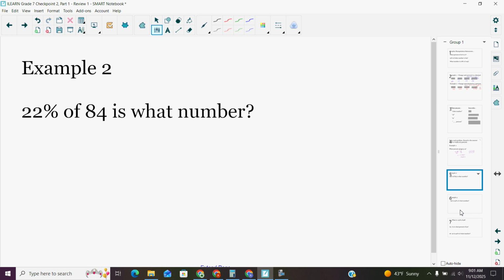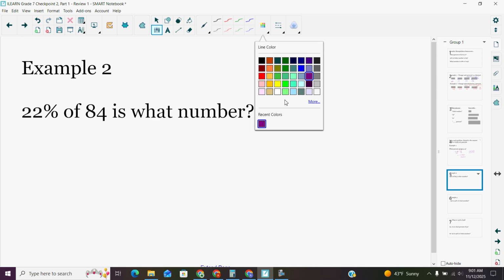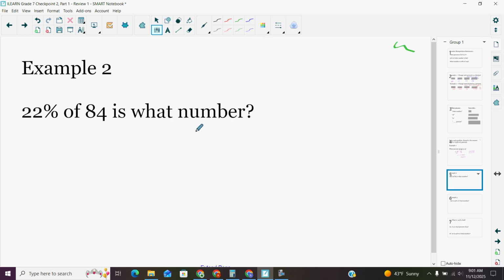Example 2. 22% of 84 is what number? Anytime we see a percent, we're given 22%.